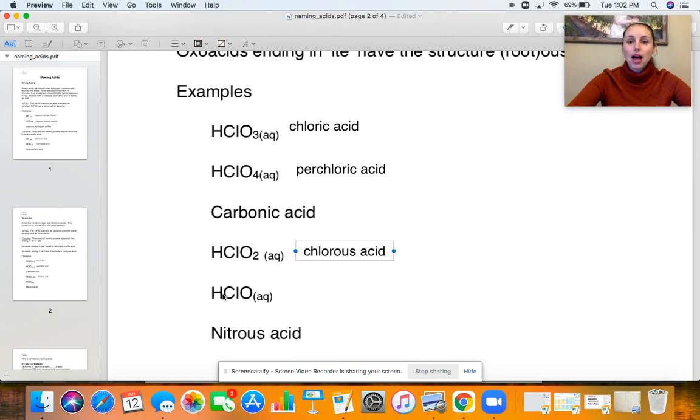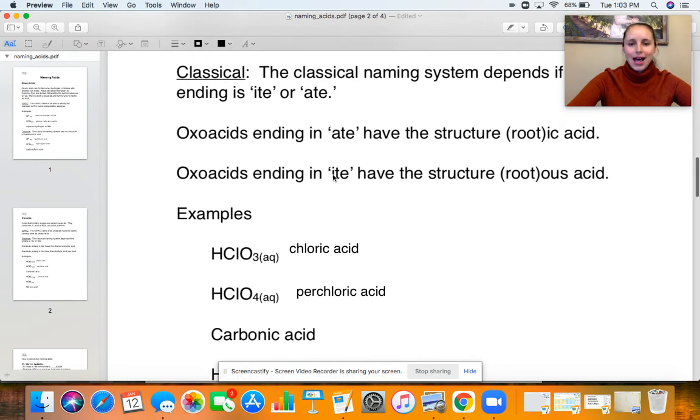What about this next one here? Well, it's still an acid because it's got hydrogen in it and it's aqueous. It's an oxoacid because it's bound to more than one thing, and one of those things is an oxygen. So now I just need to figure out what polyatomic compound this is. If I look at my polyatomic chart, I'm going to see that that's perchlorite. So it's got an ite ending.